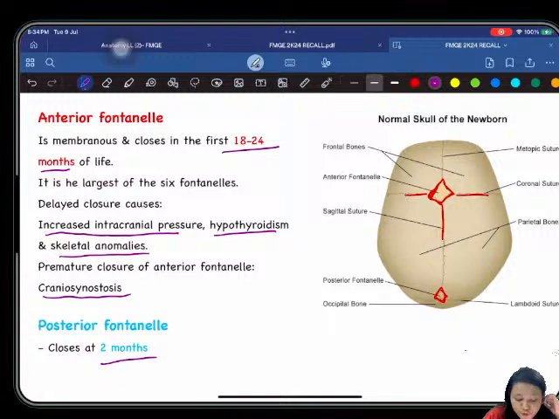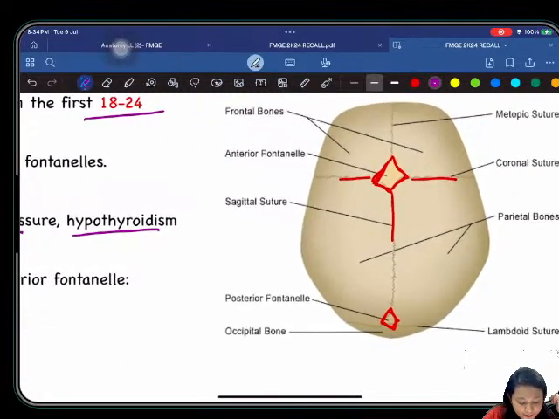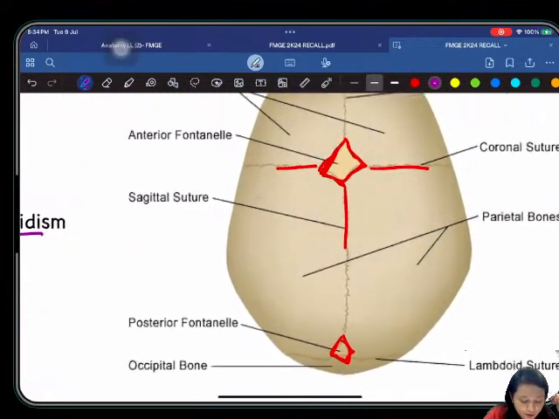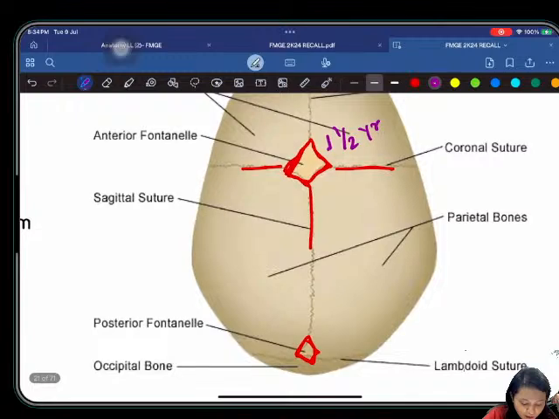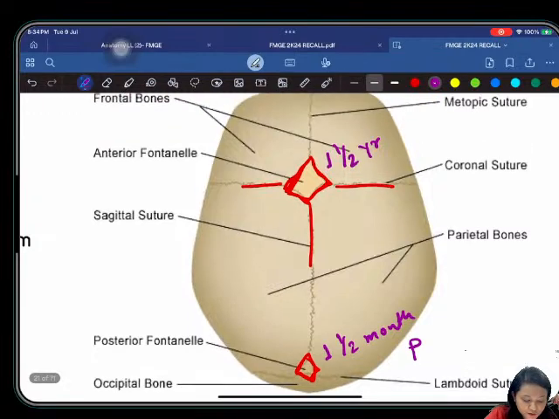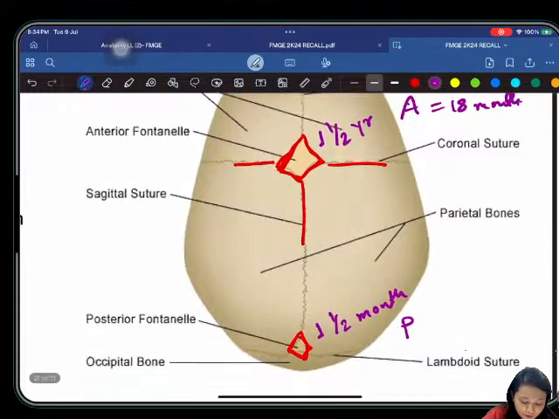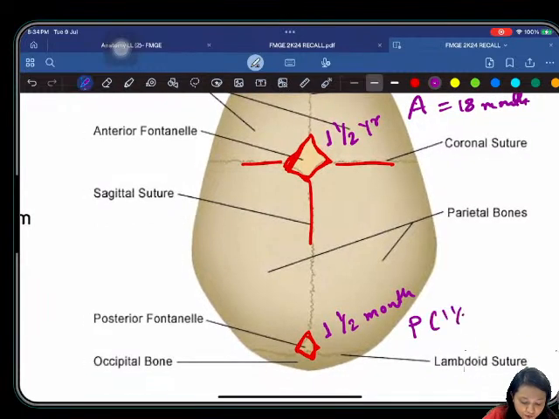Now an easy way to remember this is to remember 1.5 year and 1.5 month. This is posterior, this is anterior. 1.5 year means 18 months, and around 1.5 month to 2 months is the posterior fontanelle.